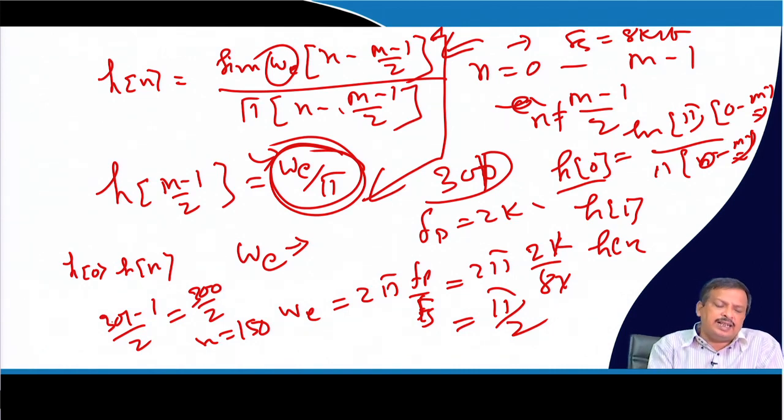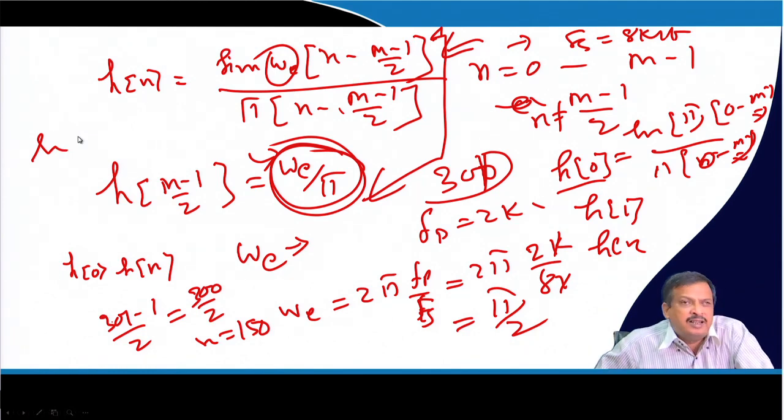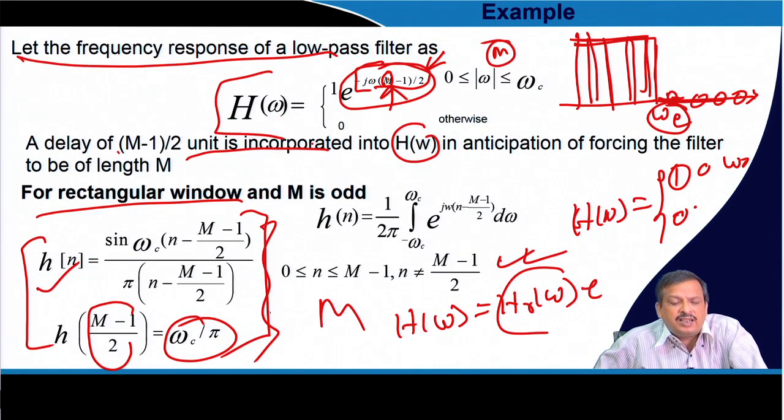That way I can calculate h0, h1, h2 and I can get the filter coefficients, and once I find the filter coefficients, I just convolve them with my input signal to get the output.